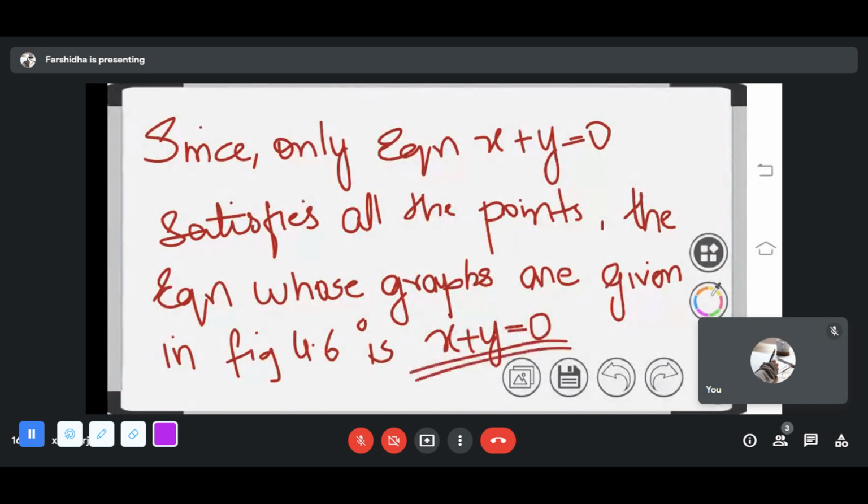This is our answer. This is the equation of that graph, which is shown in figure 4.6.